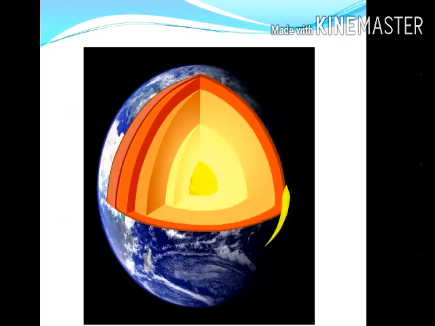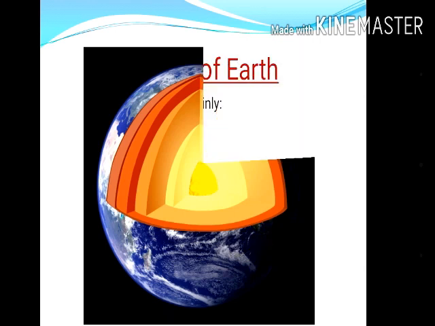Here you can see this is crust, and already I have told the green or brown portion will be the land portion and white or blue portion will be the water portion. The land portion is continental crust and the water portion is oceanic crust.